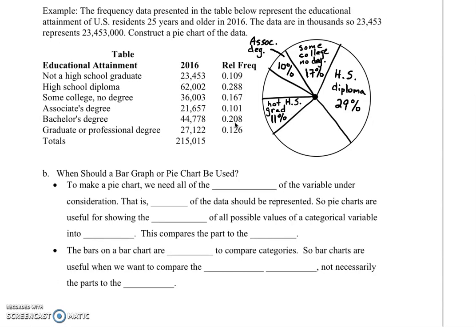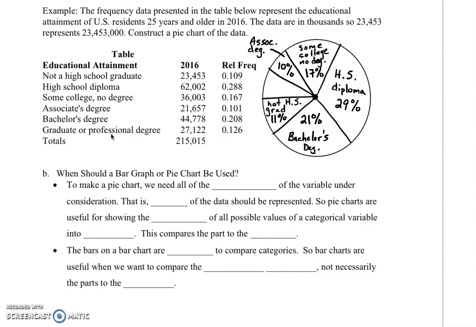Okay, when we get to the bachelor's degree, that's 21%. So that goes in a pretty big wedge of this pie, pretty big sector. So let's see. Bachelor's degree. And that's about 21%.